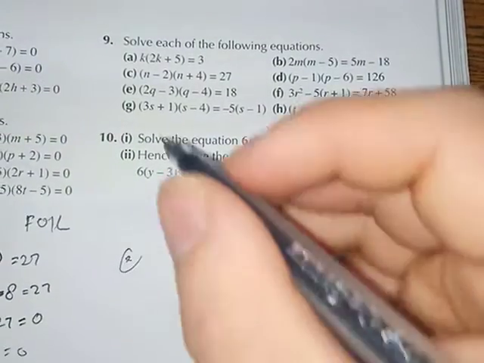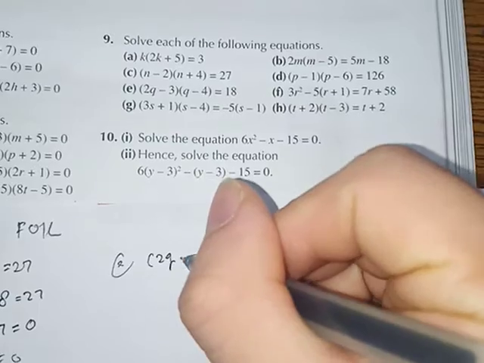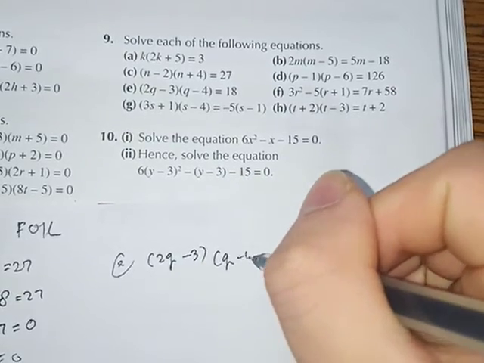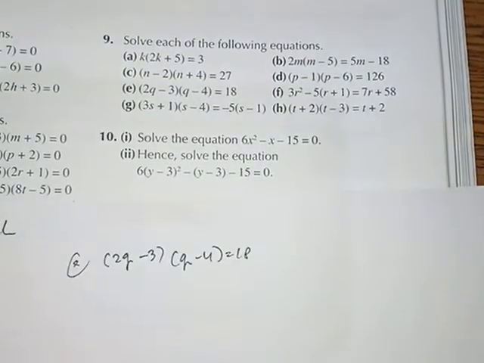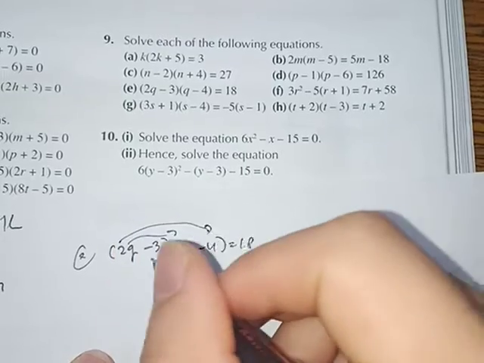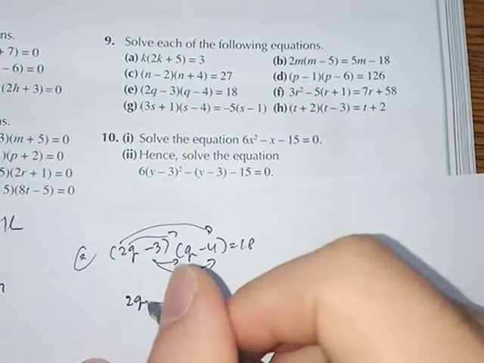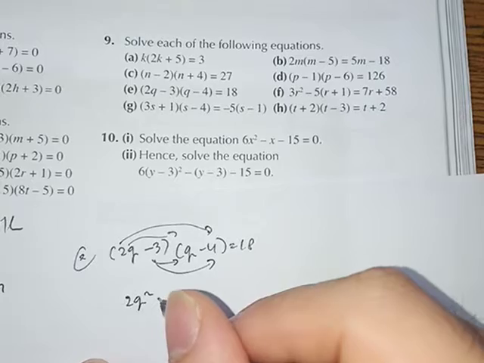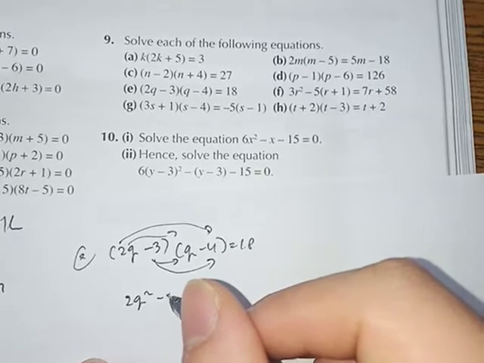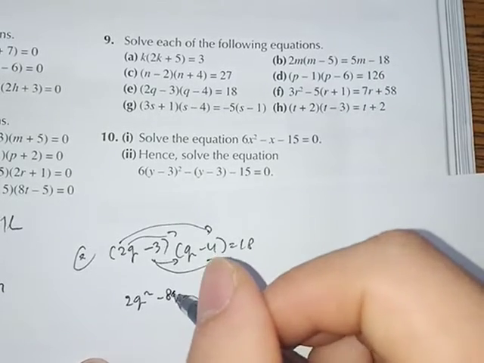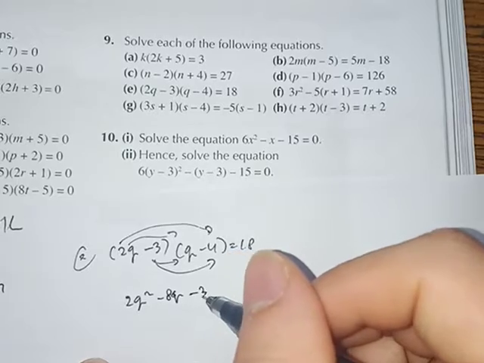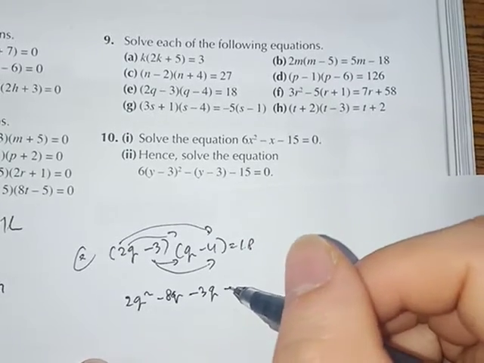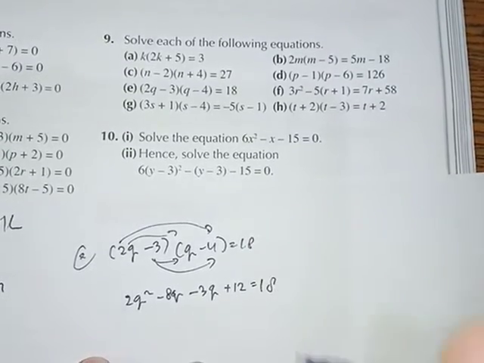For number E, (2q minus 3)(q minus 4) equals 18. 2q squared, and then 2q times minus 4, minus 8q, minus 3 times q, minus 3q, minus 3 times minus 4, plus 12.